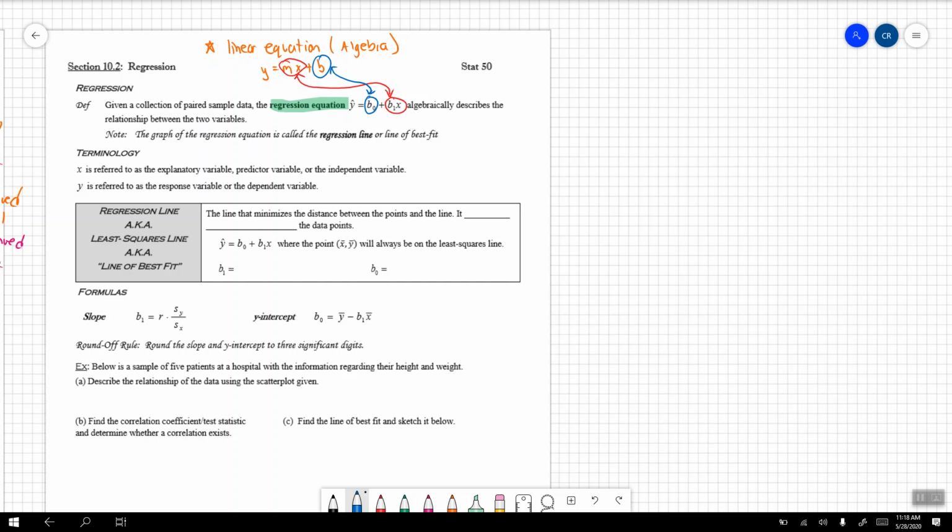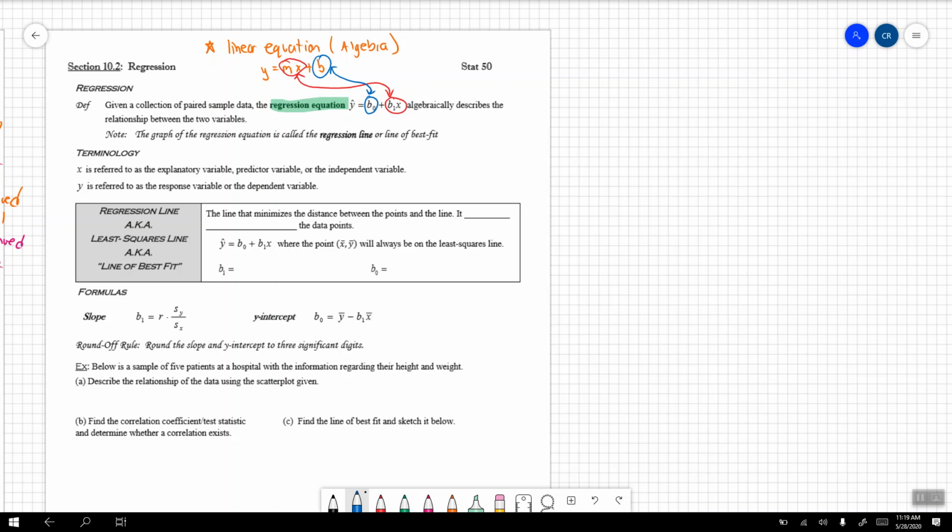All right, so the graph of the regression equation is called the regression line, or in other words, the line of best fit. You did hear me talk about the line of best fit in the previous section when we were talking about correlation. Now is when we're actually defining this regression equation or this regression line, and we can also use the term line of best fit to describe that line.